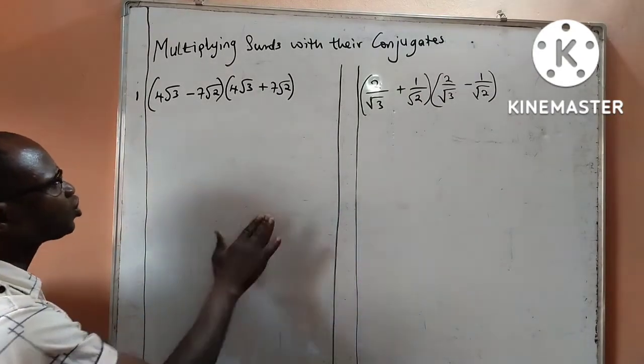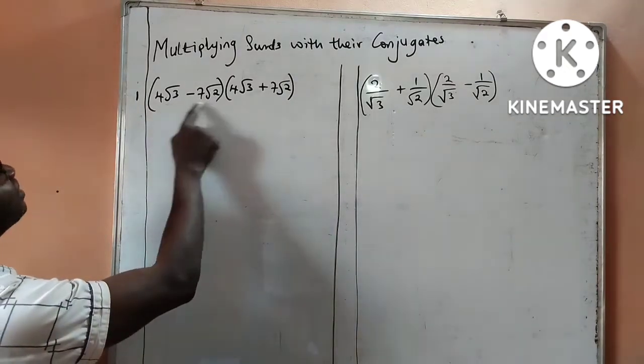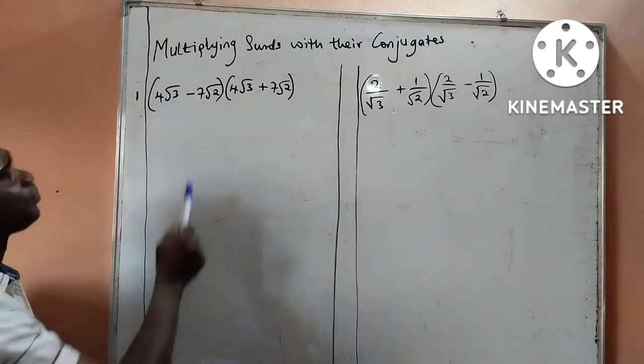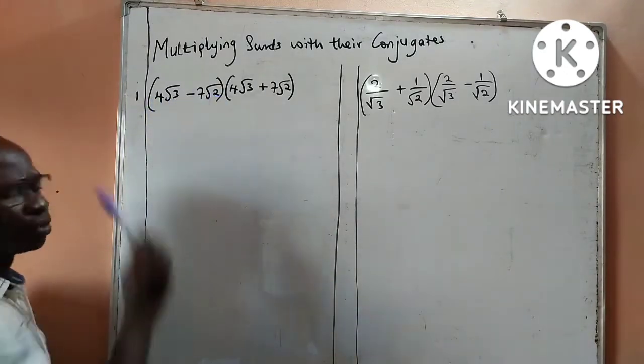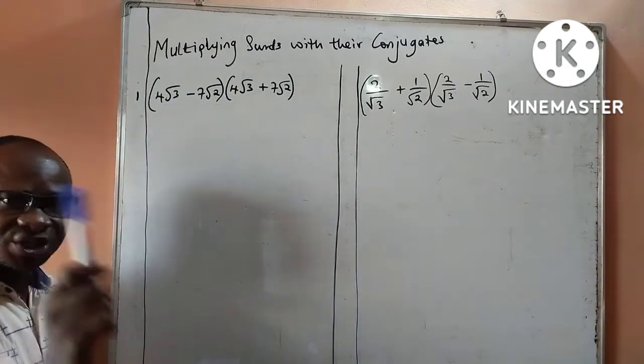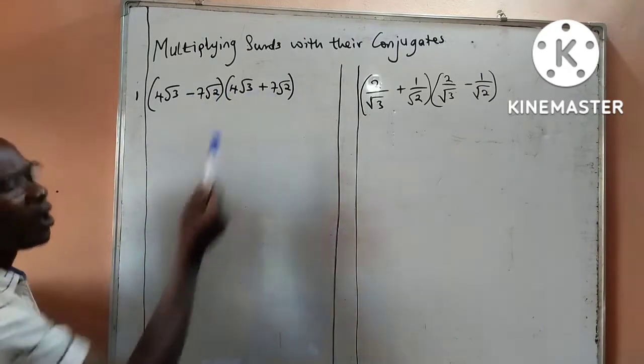Now, when we want to multiply a surd by its conjugate, look at the surd that we are given in the first bracket: 4 root 3 minus 7 root 2. That is the surd. So we want to multiply it by its conjugate, which means changing the sign minus to become plus.